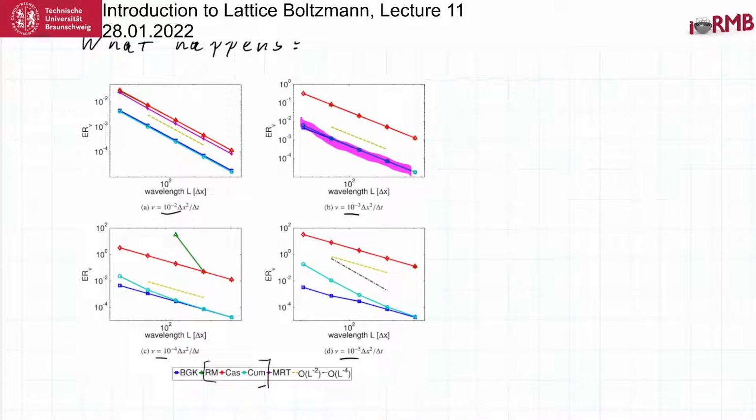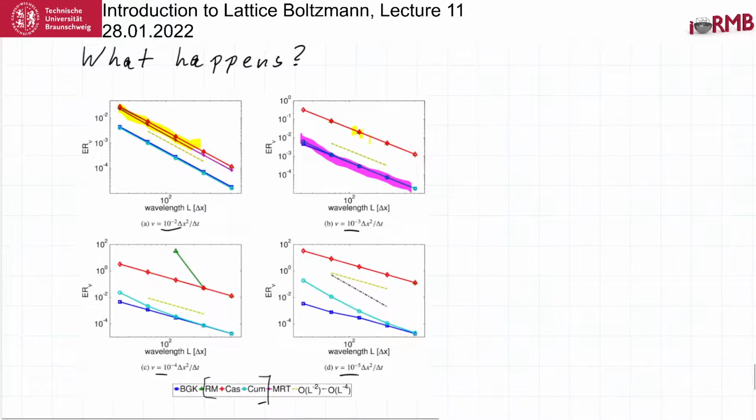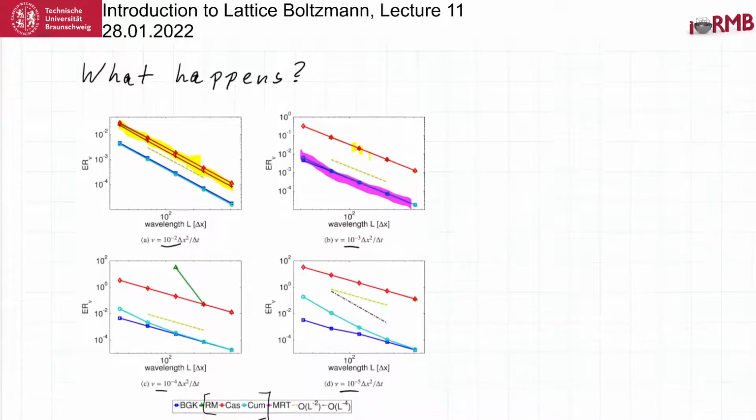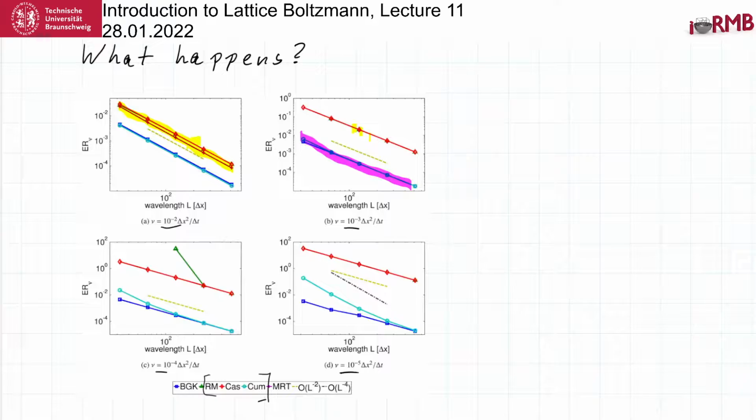We actually don't have the MRT here for the lower viscosities, because the MRT crashed. At the highest viscosity, we actually have MRT up here, but this MRT has a much larger error.